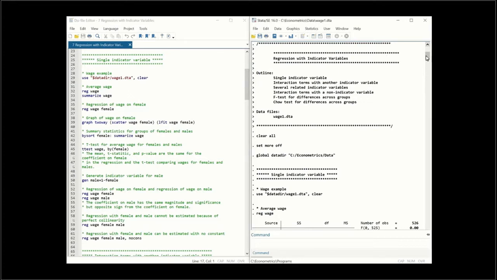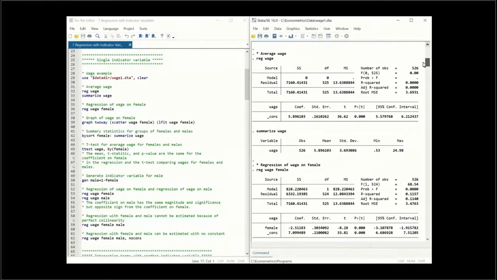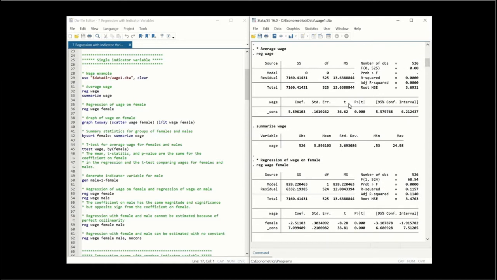And this is how the output looks. So if we just have wage regressed on a constant, then 5.90 is basically the average wage for people in the sample. And if you do summarize wage and you look at the mean, that would be exactly the same number, 5.90.